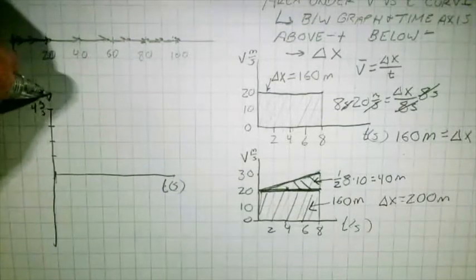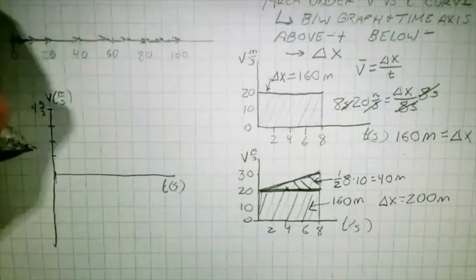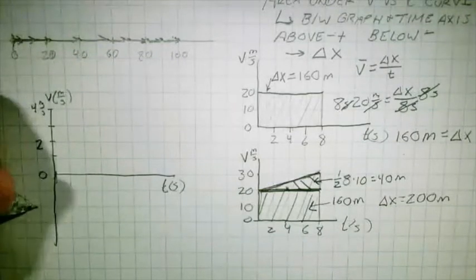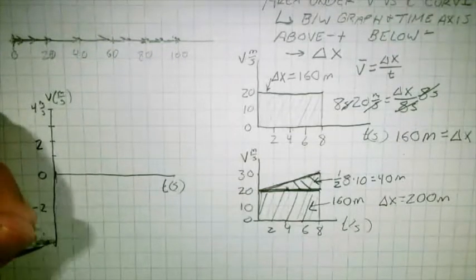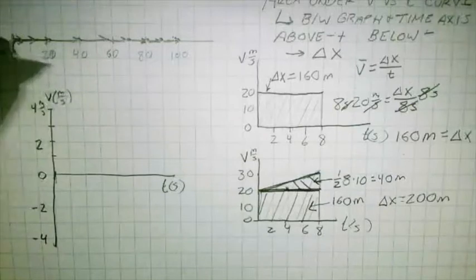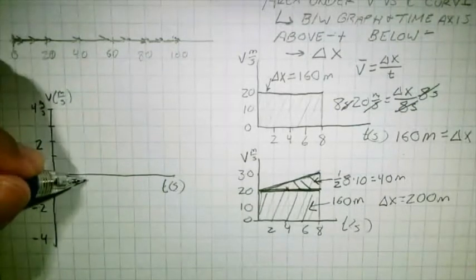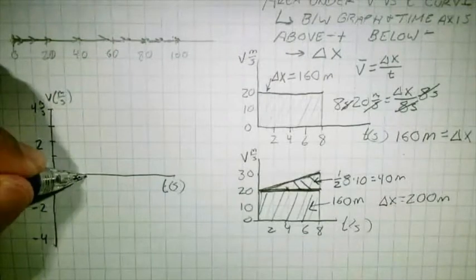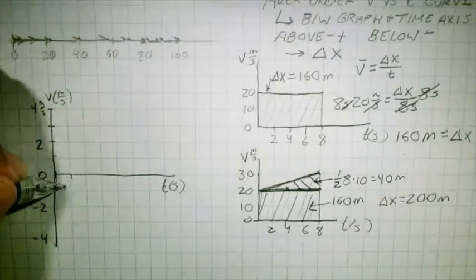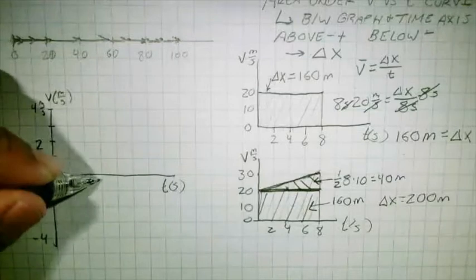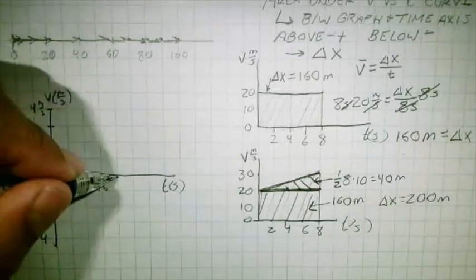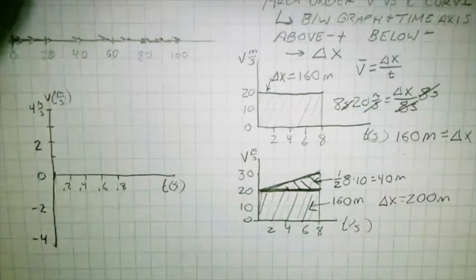This is my velocity: 4, 2, 0, -2, -4 meters per second. And I'm going to do tenths of a second here: 0.2, 0.4, 0.6, 0.8.